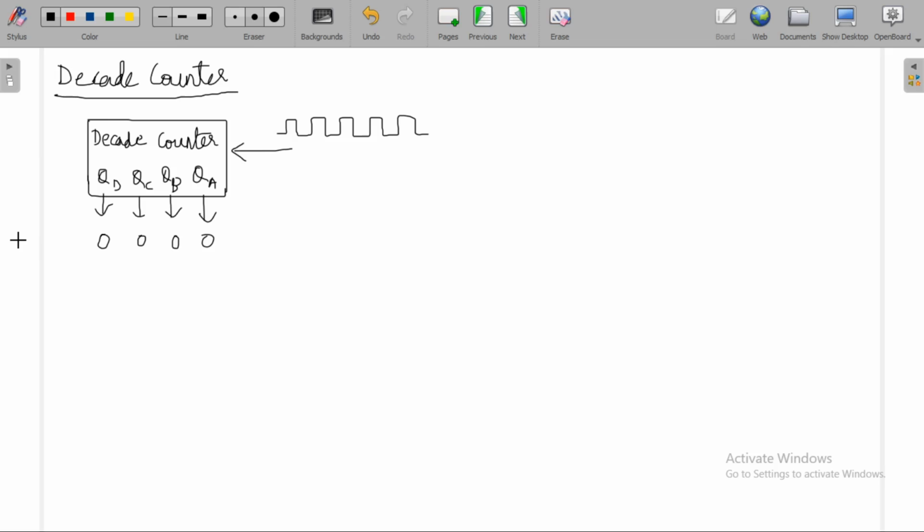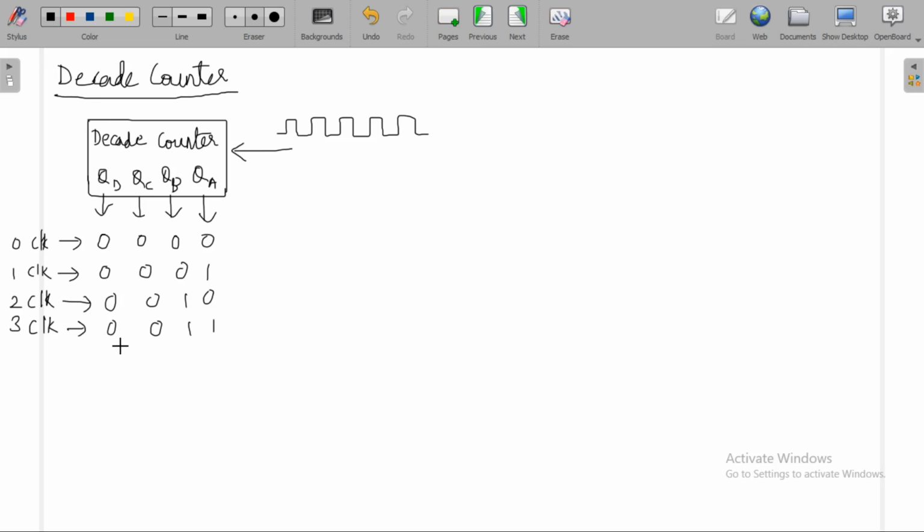000 for 0 clock. Okay. This will be 0001. If it is counting 1 pulse, the BCD code will be 0001. If it is counting 2 pulses, 0010. If it is counting 3 pulses, 0011.